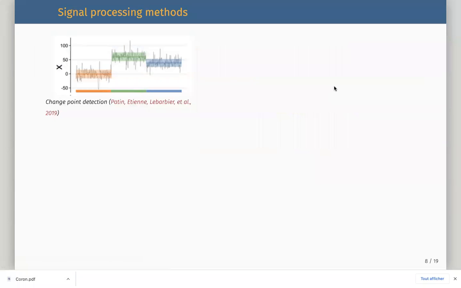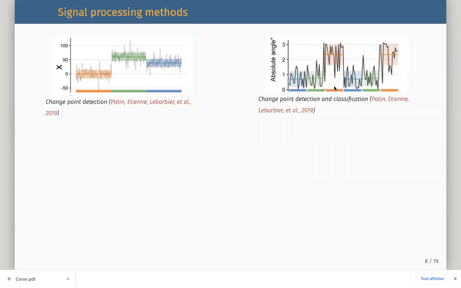Basically, the idea is just to consider, so here I just represent one signal, but you can have several signals at the same moment. And you just assume that there is some homogeneous pattern in the trajectory, and then it switches to another one. And so there are many methods to do so by applying the idea proposed by Marc Lavielle.